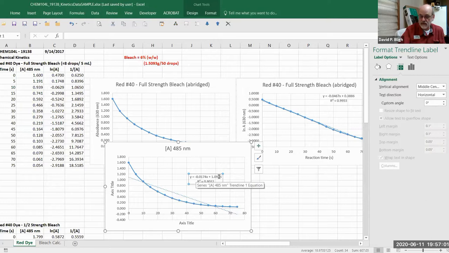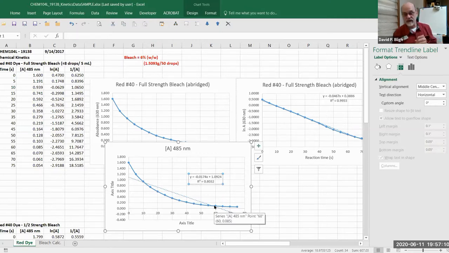So this line is a straight line, so it draws a straight line, and then it says, how well does that data fit the straight line? Well, 0.8 is sometimes considered good, but in our case, we can see that it's not. A perfect fit would be 1.000.